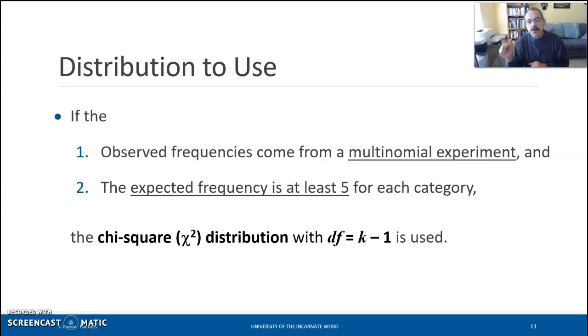In the next recording, we're going to see what this chi-square distribution is, and we're going to learn to use table 6 to find the chi-square values for a given degrees of freedom and for a given probability. So we'll stop here, and in the next recording we'll continue with the chi-square distribution.